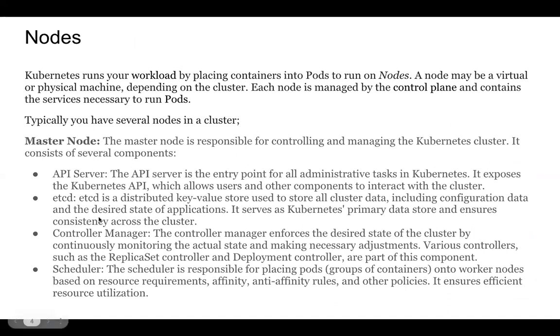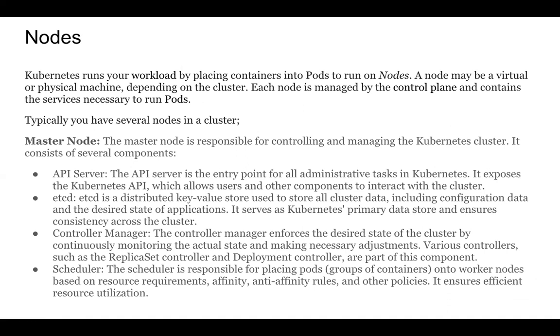So what are nodes? The main purpose of Kubernetes is to provide infrastructure where you can run your containerized applications. Where do those applications go? They go in the nodes.